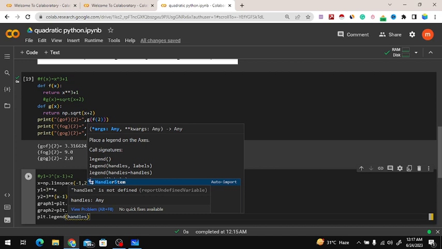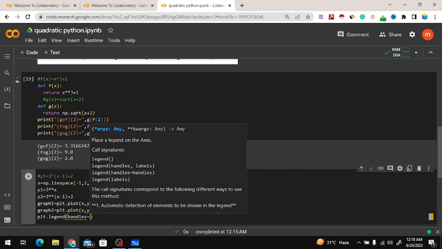Handles should be equal to graph 1 and graph 2.